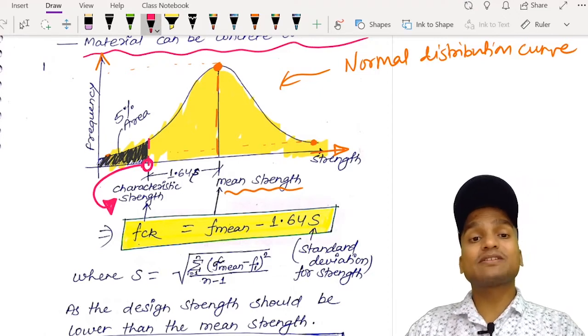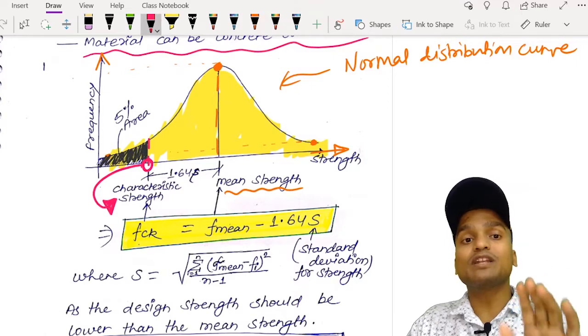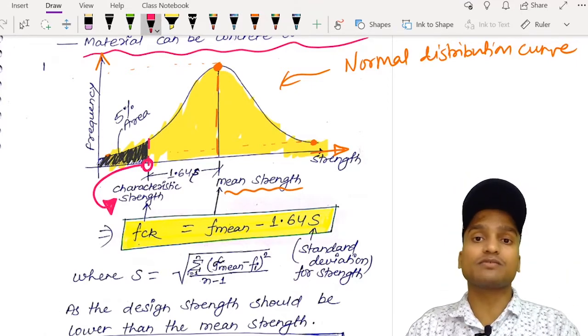So the characteristic strength is the value of strength of material corresponding to only 5% area of normal distribution curve.